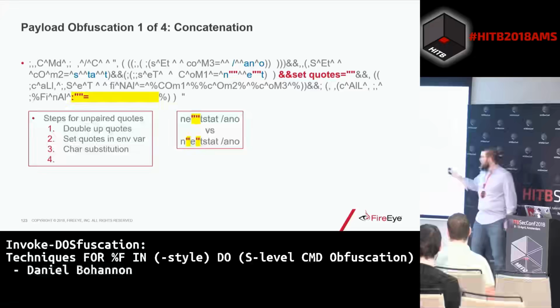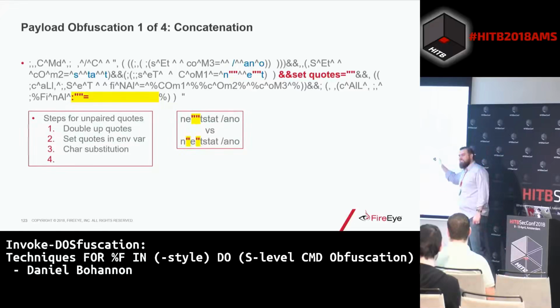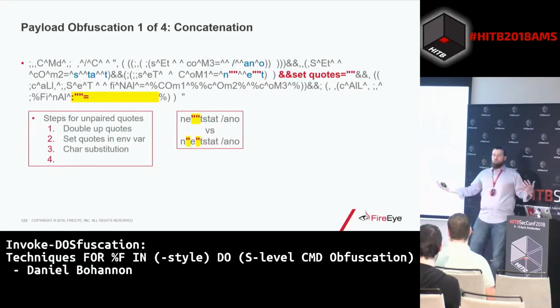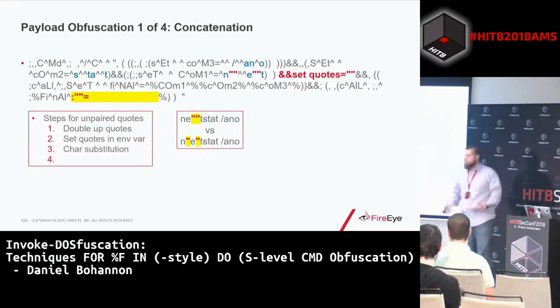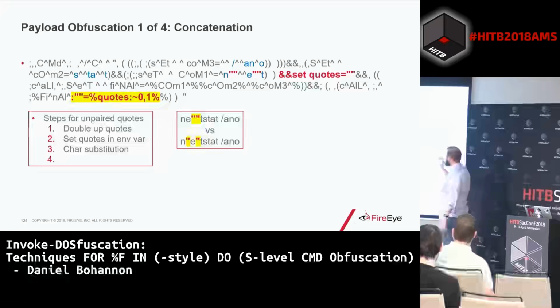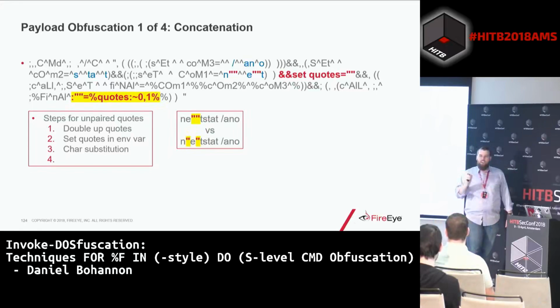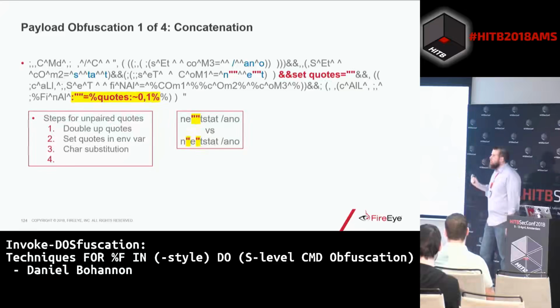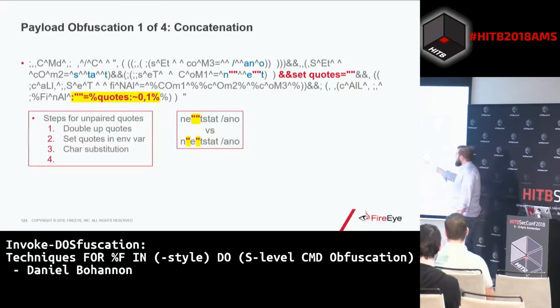The only problem is I can't just put a single double quote right there because that will break the whole thing anyways. We have to have evenly paired quotes. So what I do is I say, give me a single substring character of this quotes variable, which in memory is going to be one double quote. The only problem here is that the percent quotes percent is inside of the percent final percent. And so those percents are battling with each other.